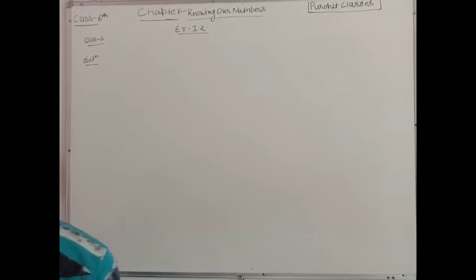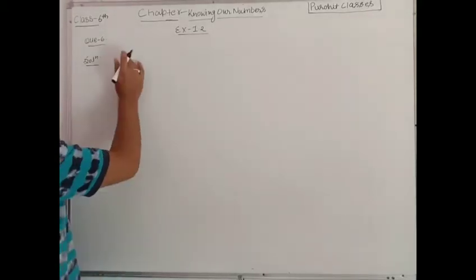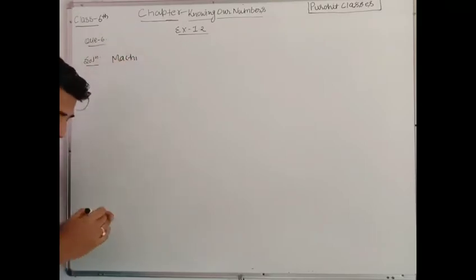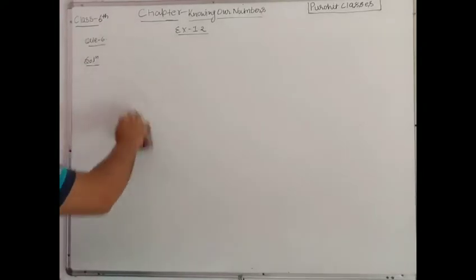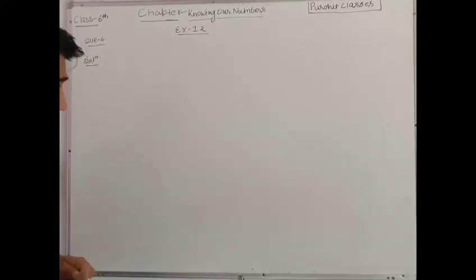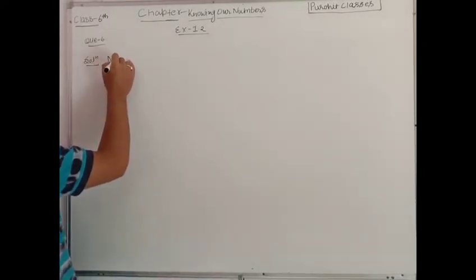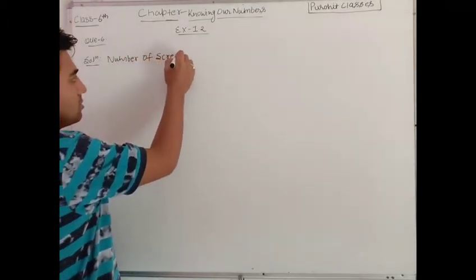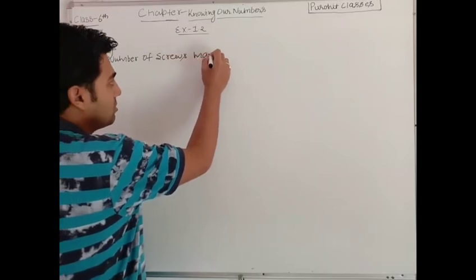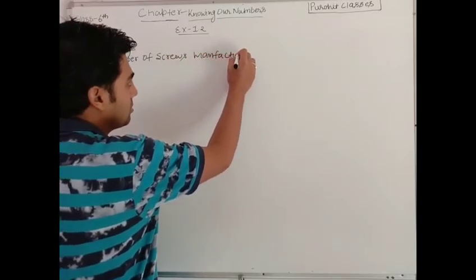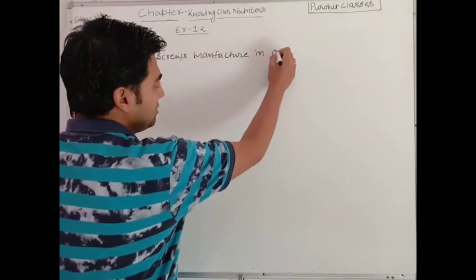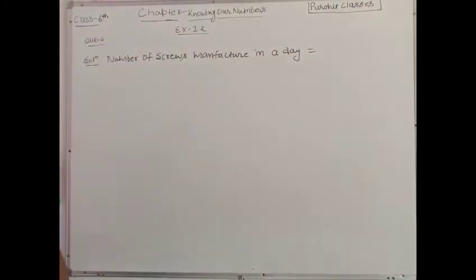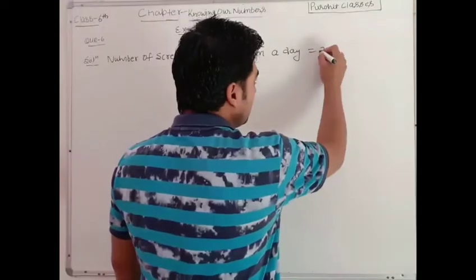So here we have the number of screws manufactured in a day. A day means one day. In a day it is given by 2825.